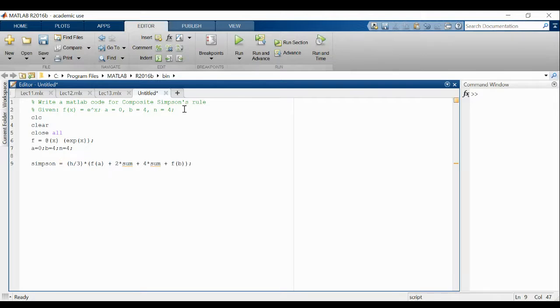Now the question is: what is the sum? Or if you want to write sum 1 and sum 2, it is up to you. You can write sum 1, calculate separately, or you can also use some simplified form.